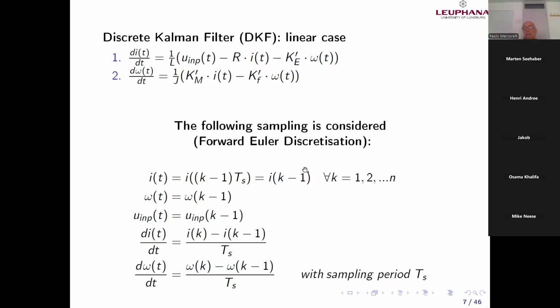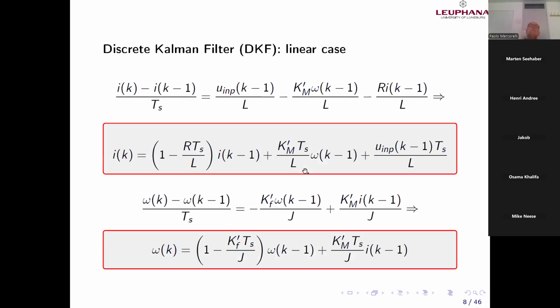If I plug in here in equations 1 dot and 2 dot, believe me, we obtain these two equations which represent the dynamics, or better to say, the discrete dynamics of the model. Basically, it's a discrete representation.